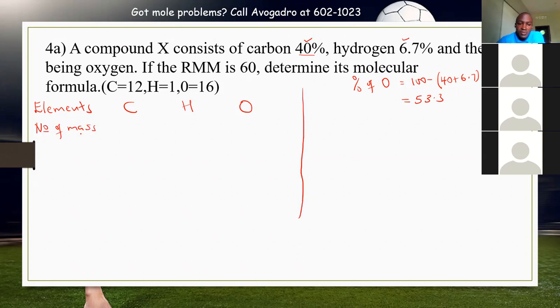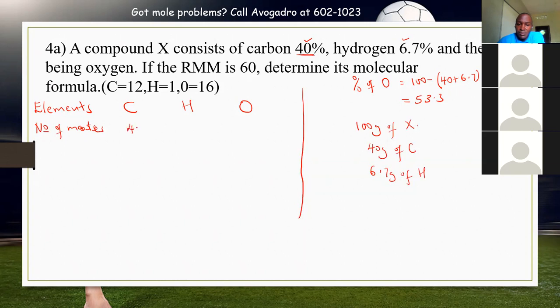If we had 100 grams of compound X, then for the compound to be 40% carbon, we must have 40 grams of carbon, and then 6.7 grams of hydrogen, and so on. That's why we can use the percentage and consider it as mass.